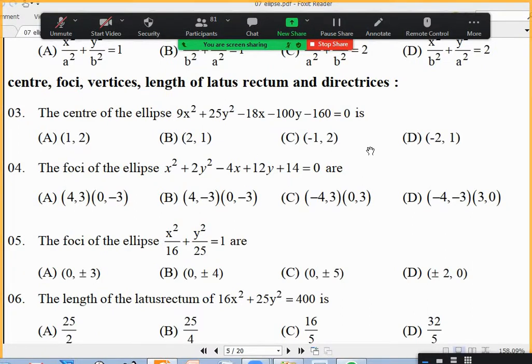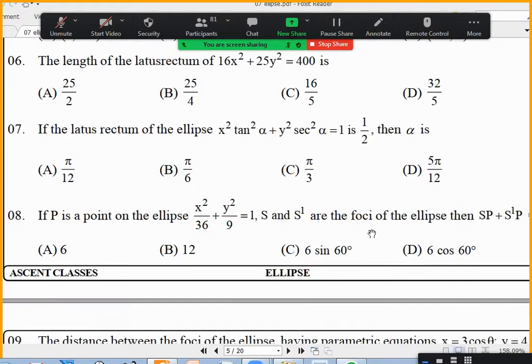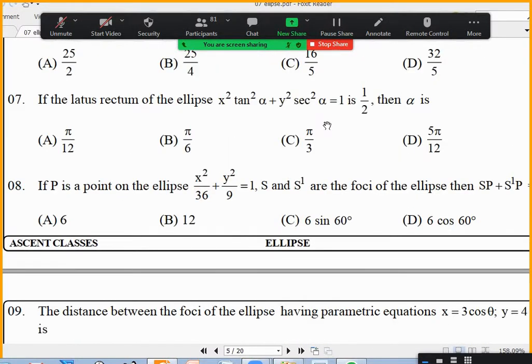Okay, 3, 4, 5, anybody any doubt? Make the x term separately one perfect square, the y term separately one perfect square. Yes, sir. So up to 6, no doubt, right? Okay, 7 or 8, any doubt?